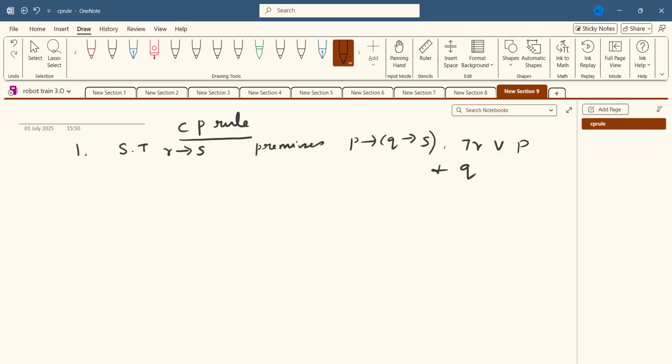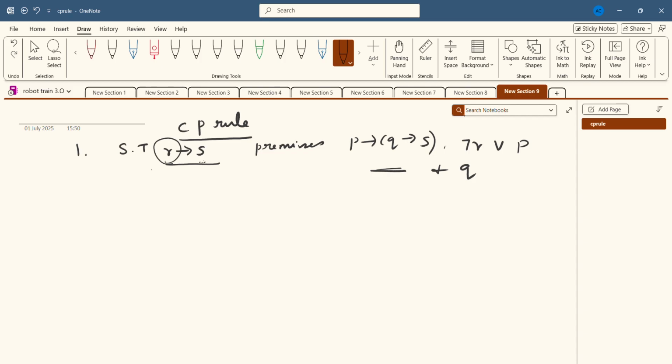In other words, if the conclusion is of the form R conditional S, then take R as the additional premise and derive S using the given premises and R. So this is the CP rule.